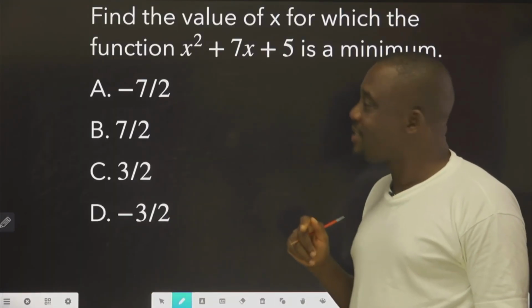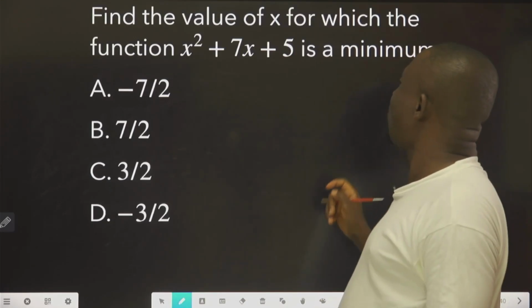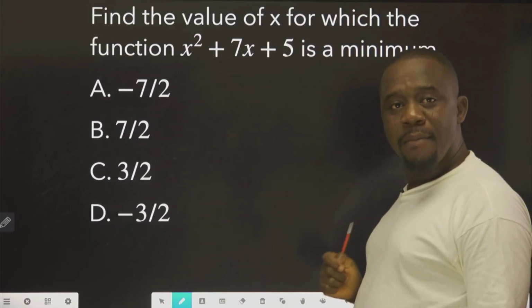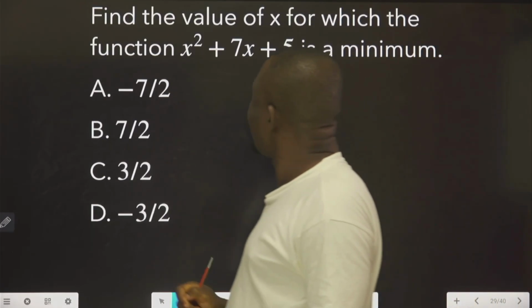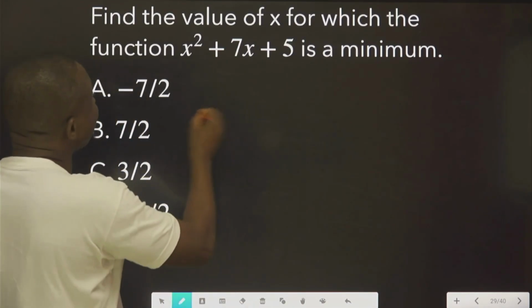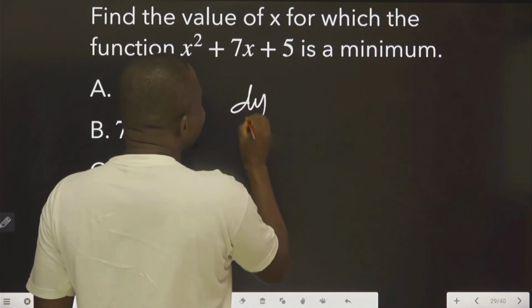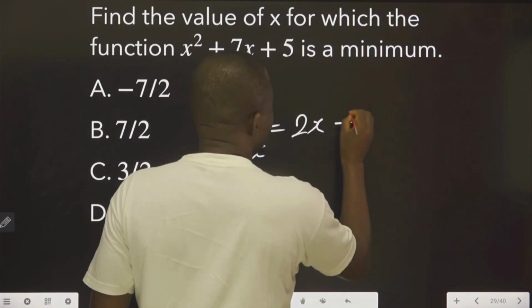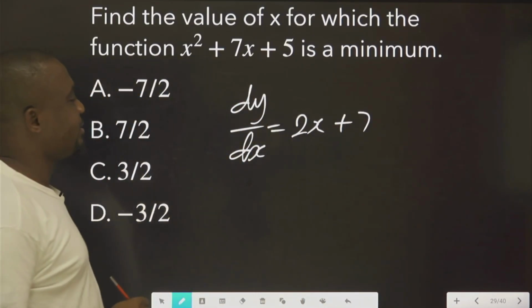Let's look at this. It says, find the value of x for which the function is a minimum. Okay? For which the function is what? A minimum. As you can see in this place, you have to differentiate this first before you can go ahead.